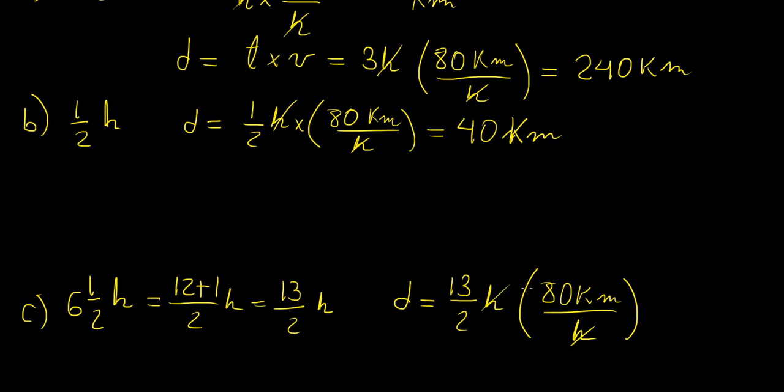These two cancel out. Now we have 80 times 13, which is going to become 1040 over 2 kilometers. Then we can simplify that to 520 kilometers. So that's our final answer.